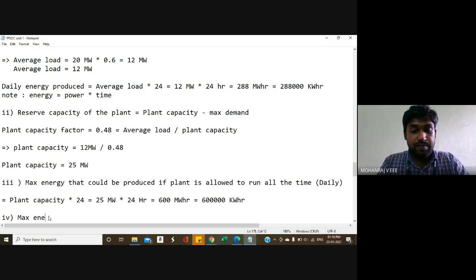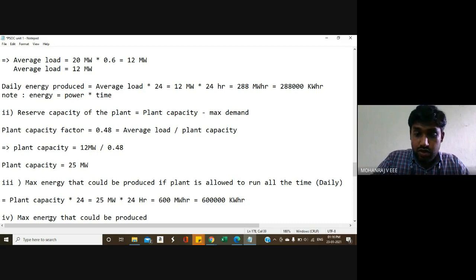Maximum energy that could be produced, that could be used during operating hours. That is very important.